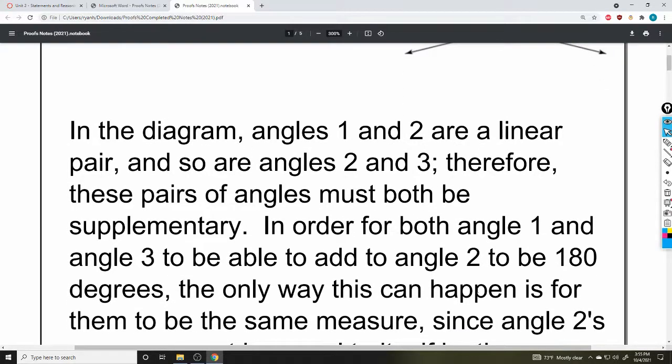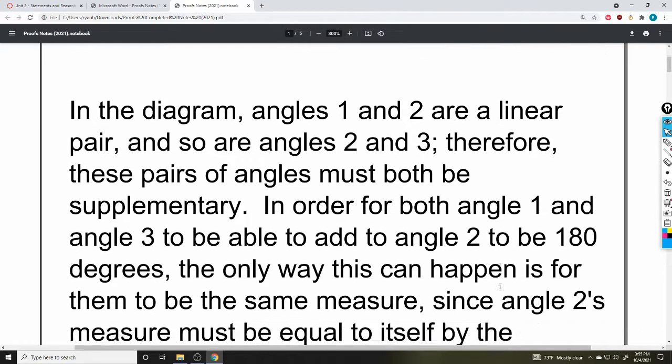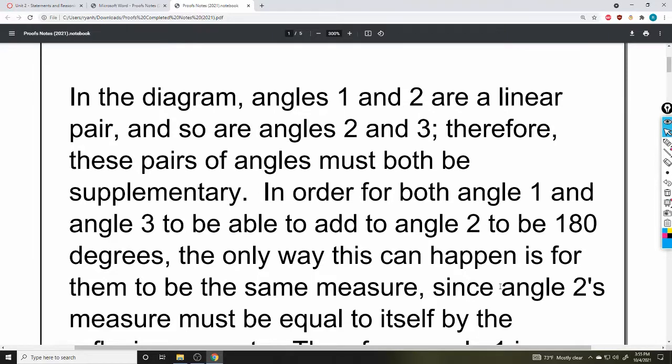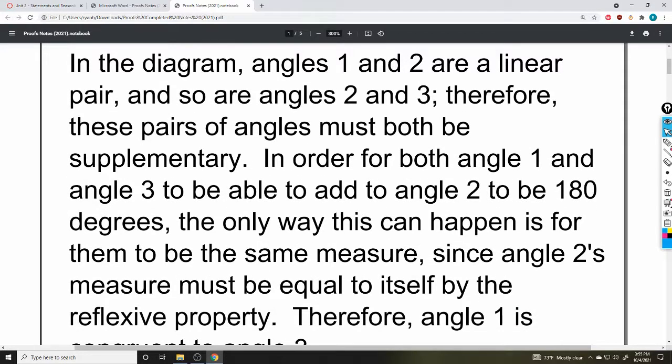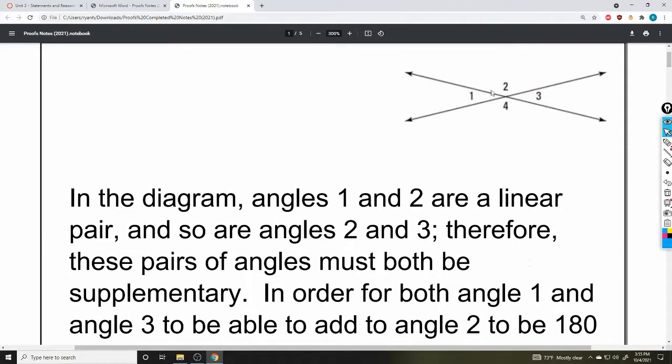In order for angle 1 and angle 3 to both add to angle 2 to be 180 degrees, the only way that this can happen is for them to be the same measure. And that is because angle 2's measure must be equal to itself by the reflexive property. So when angle 2 is added to angle 1 over on this side, it's the same as it being added to angle 3 over on this side.